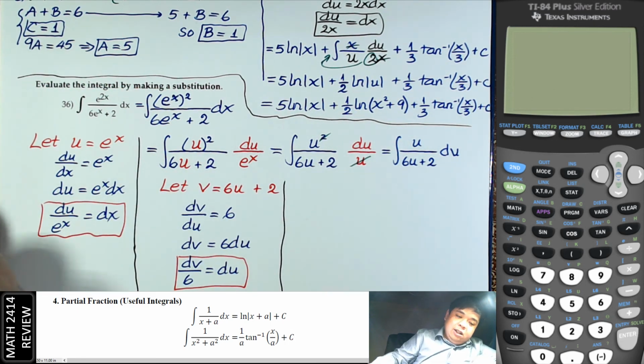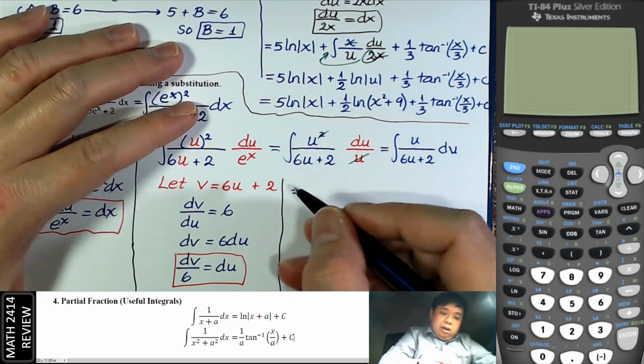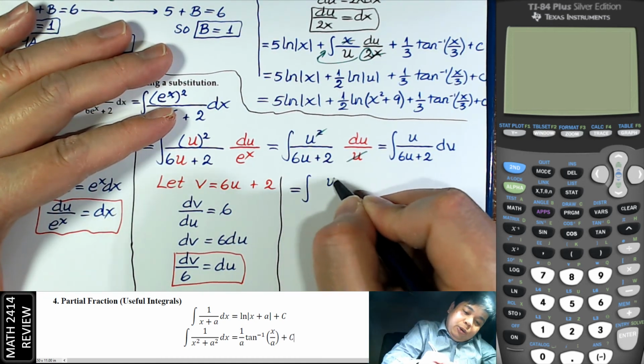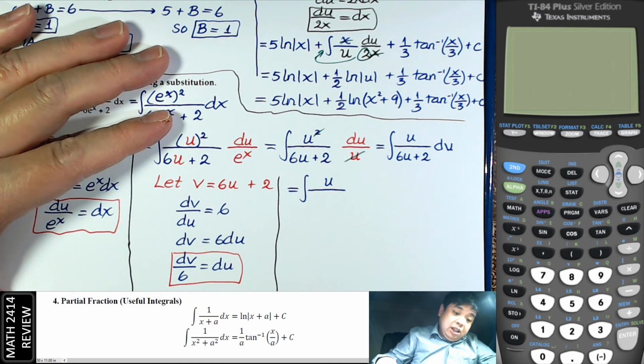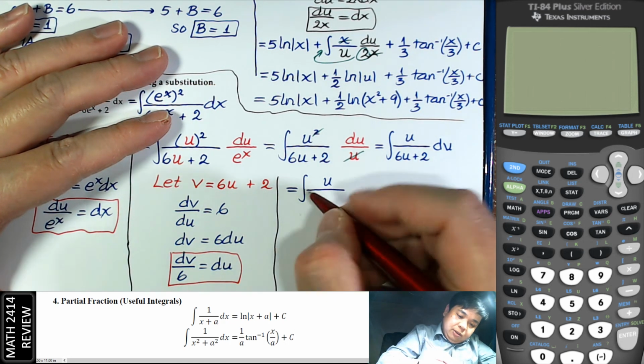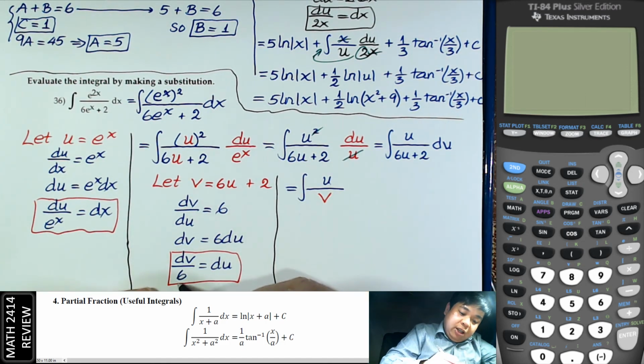Right, so that is equal to u over 6u plus 2, so that is v, and dv over 6 is du.